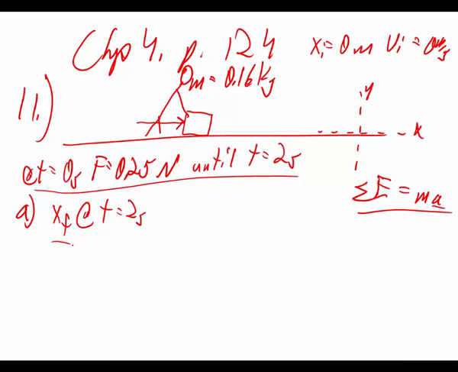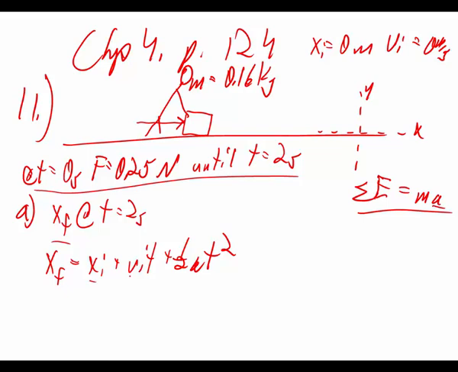So we can't use v final squared equals v initial squared plus... Can't use that one. So the only one left is that one right there. Do you see how I did that by process of elimination? We don't have a final velocity yet, so we can't use the other 2. The only one that'll work is this one.